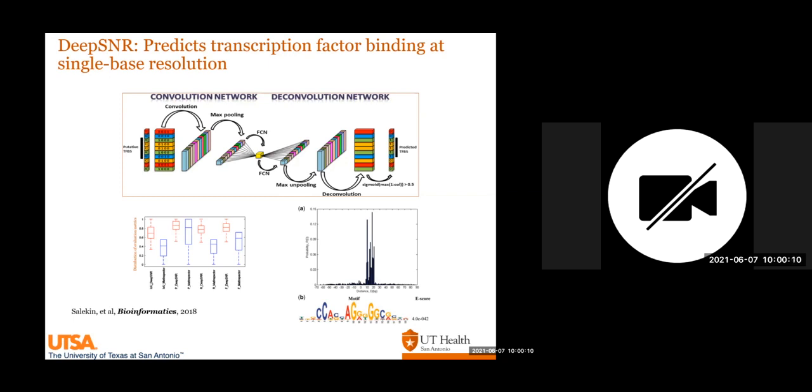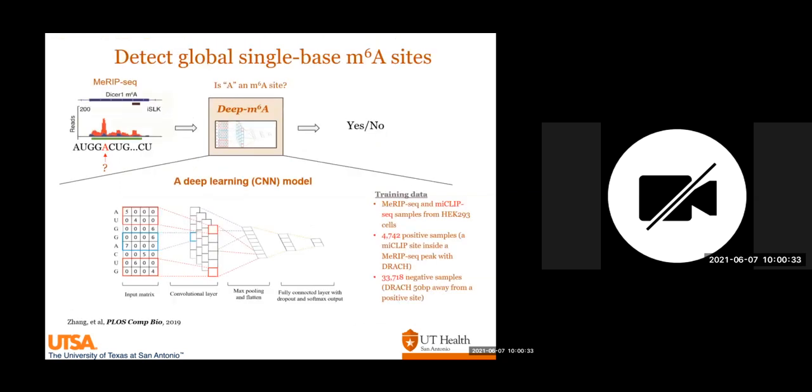Specifically, in this case, we use a so-called deconvolution neural network model to pinpoint where the so-called transcription factor binding is. Transcription factor is a regulatory protein of transcription. So knowing where it binds is also a key aspect of this molecular research.